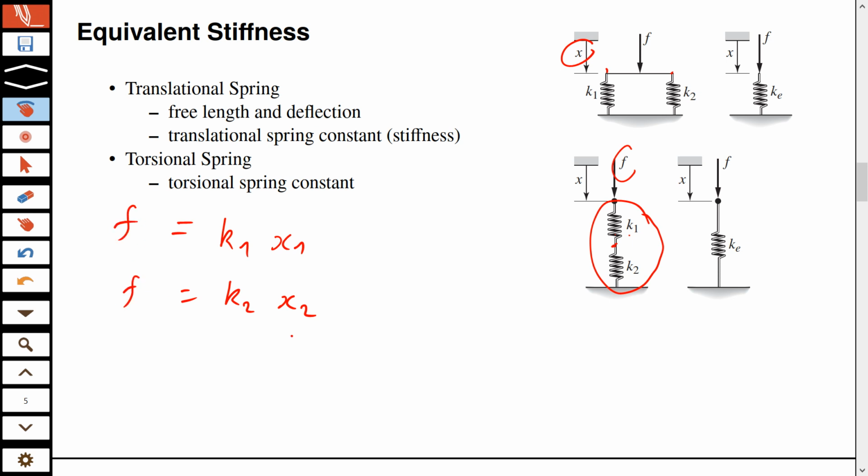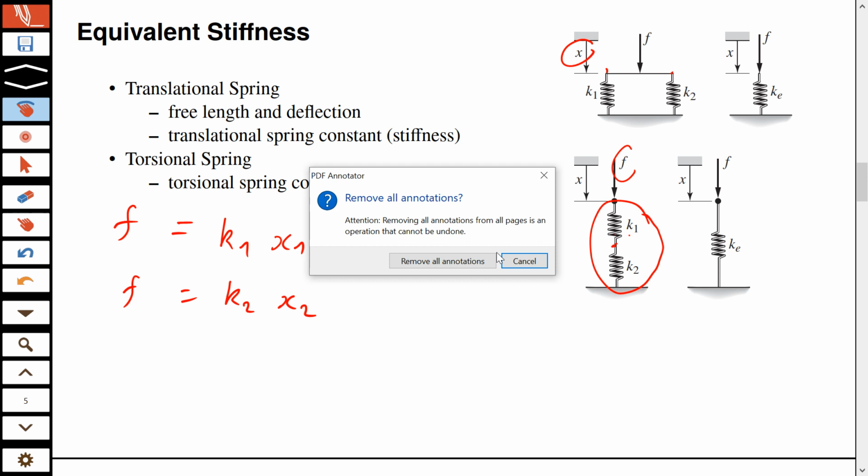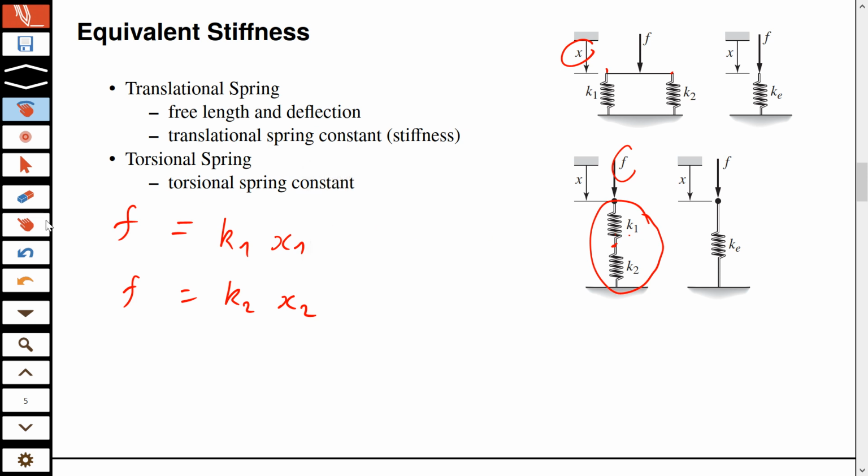Why? Why will the force be the same? उसको समझने के लिए आप ये कह रहे हैं कि लेट्स से ये जो पॉइंट है बीच में, लेट्स से यू हैव अ फ्री बॉडी डायग्राम for this. Or maybe you can think of these two springs.